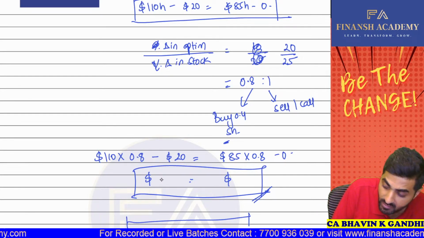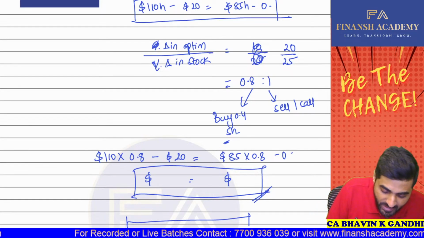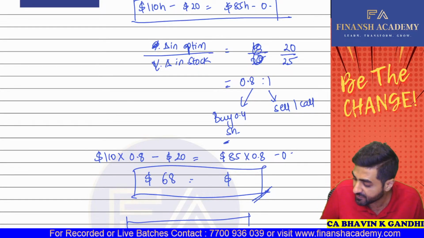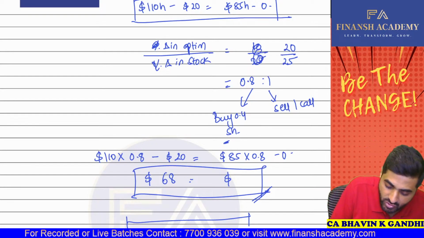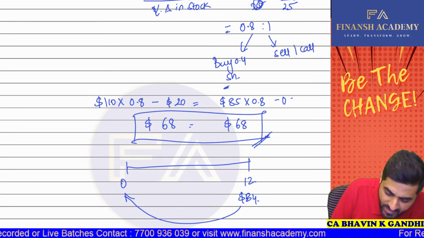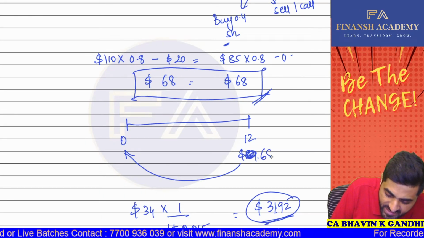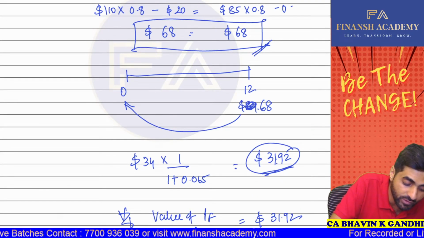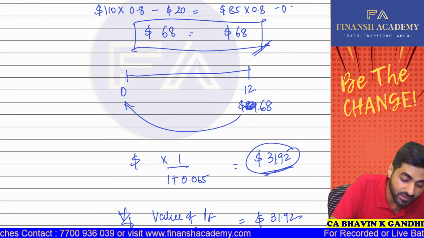And this is also going to be 68, which is 85 into 0.8. So that's also going to be 68. Eventually, this 68 which is coming at the end, we have to discount and bring to present value terms.